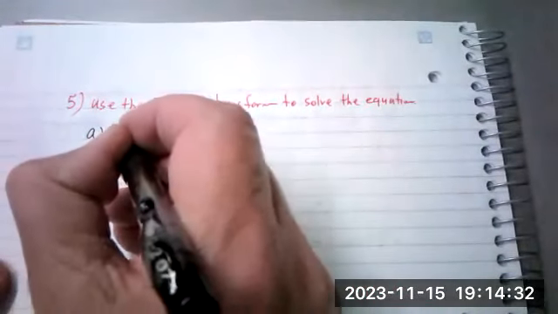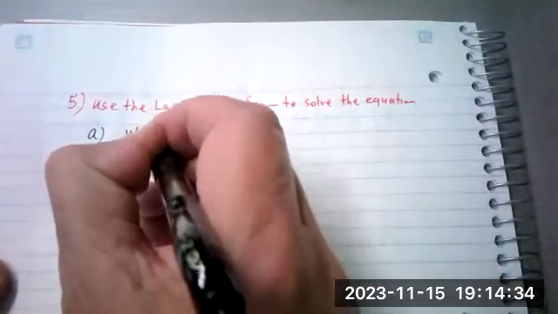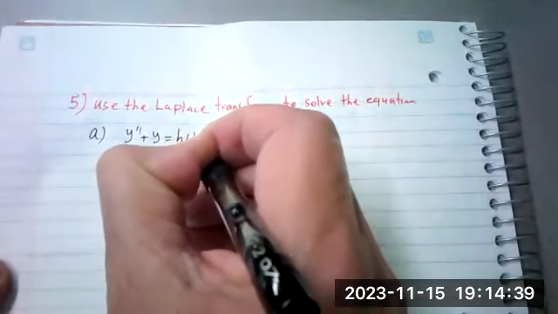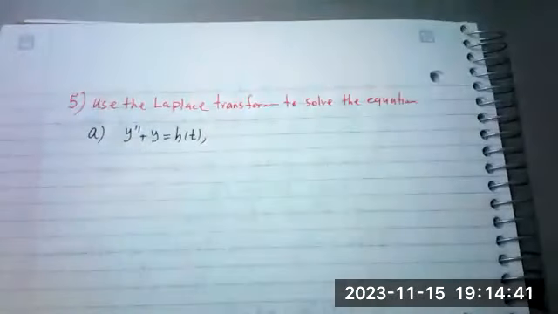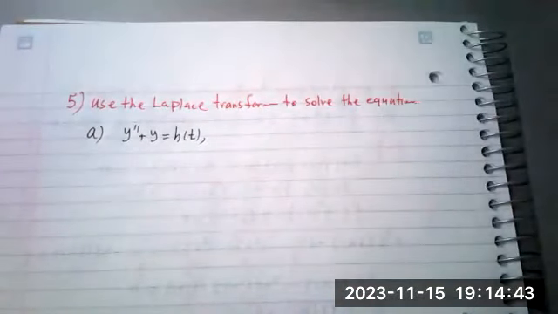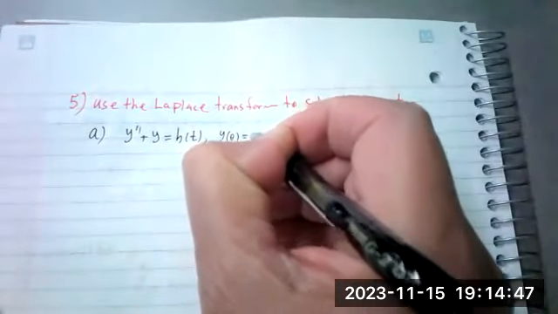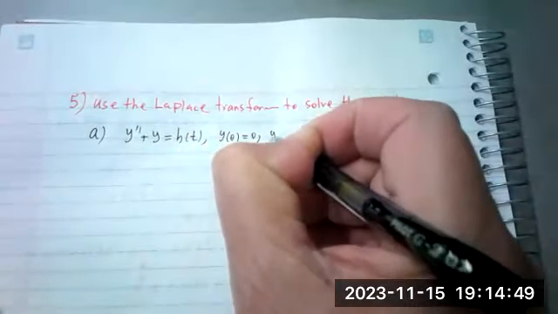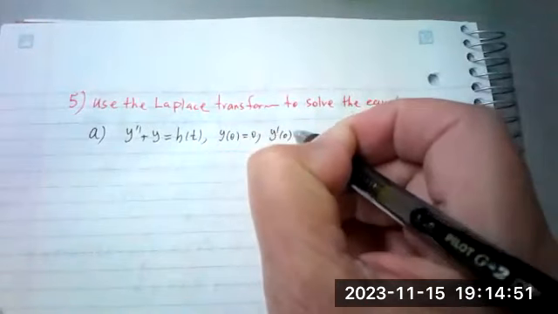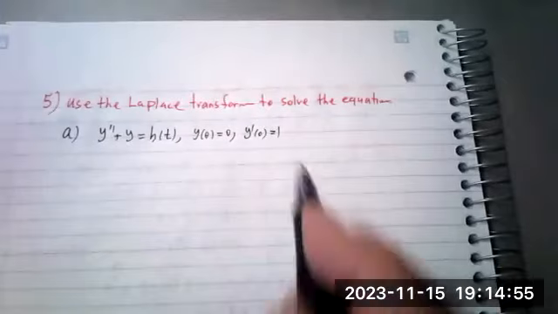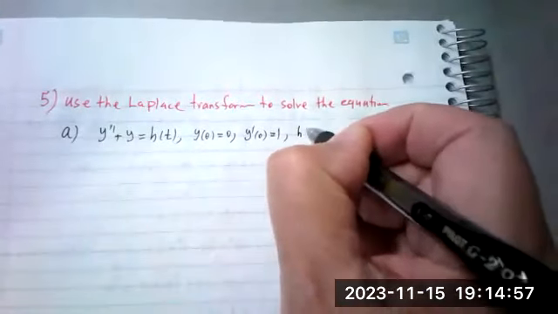This is the equation y double prime plus y equal to h of t, and then h of t would be introduced. Initial conditions are y of 0 equal to 0, y prime of 0 is equal to 1, and the function h is defined as follows.